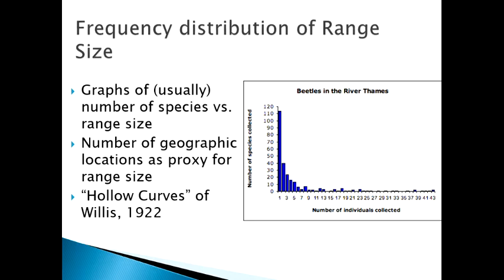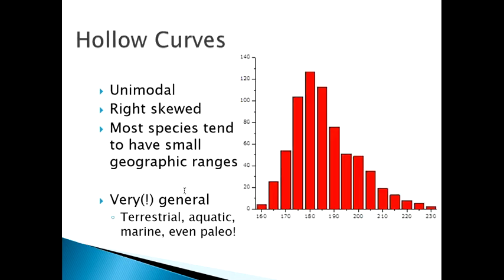Look at this one here: number of individuals collected, number of species collected. You have lots of places or samples where only one individual is collected of the many species that are shown there.